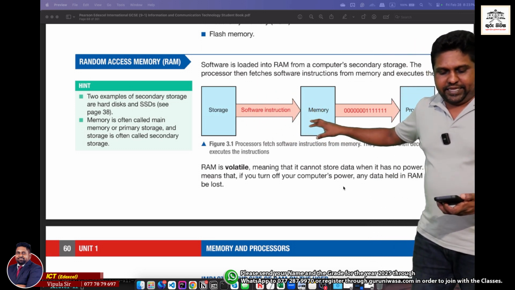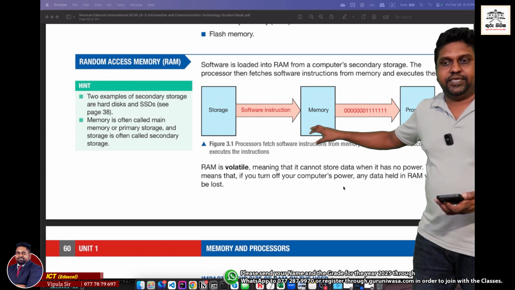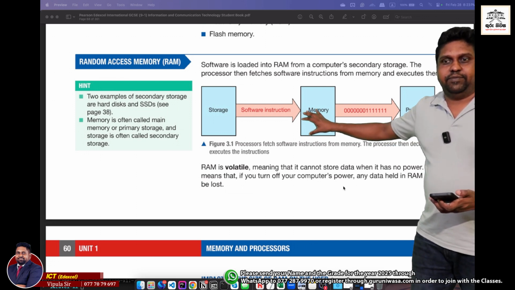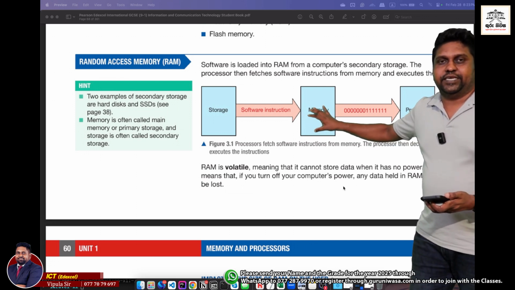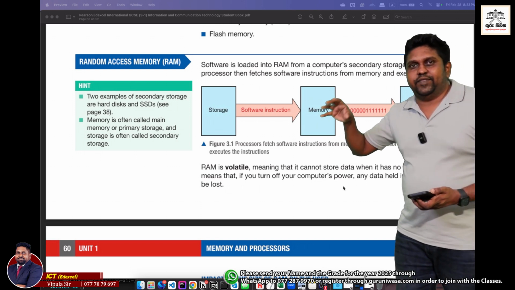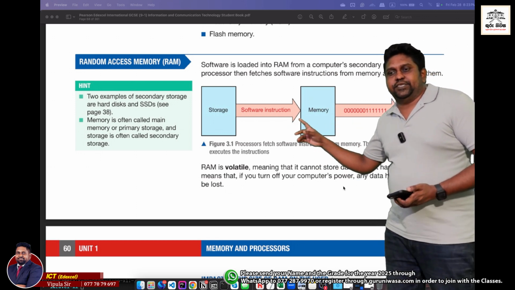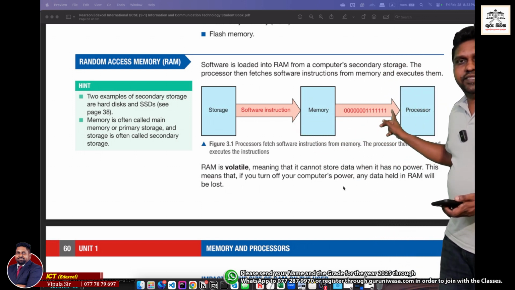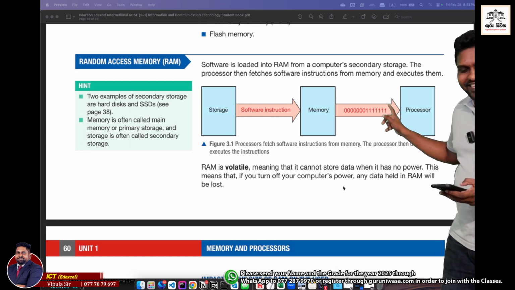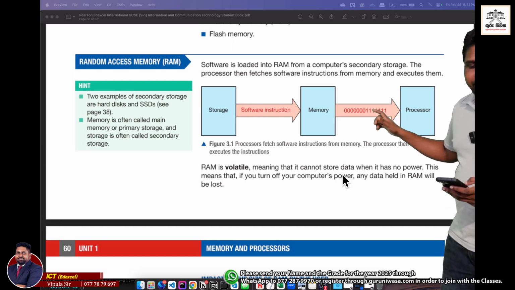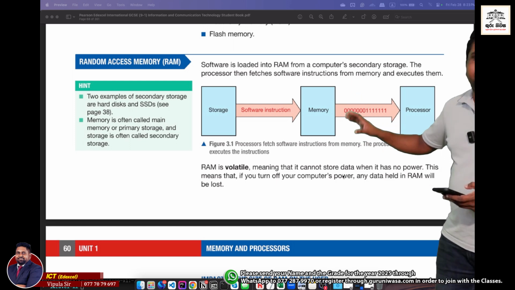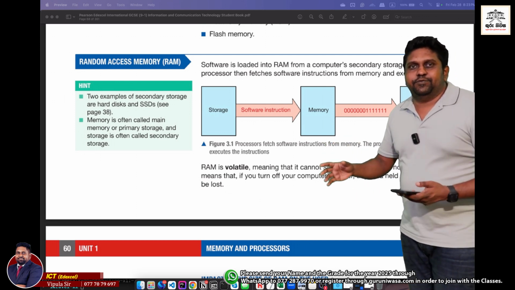The memory will be the primary point of contact, and it will have the main set of data which then will be sent to the processor.